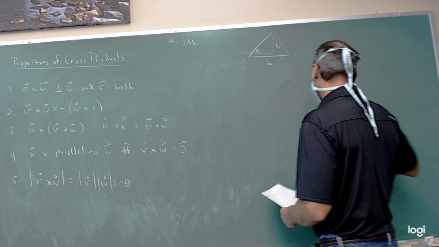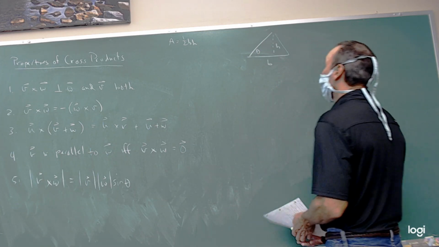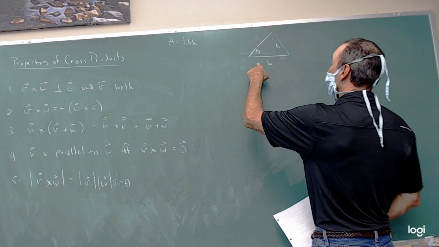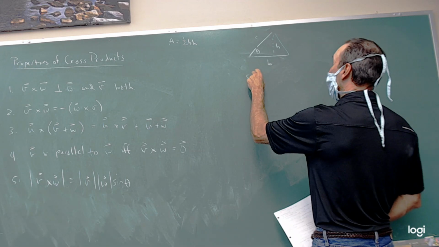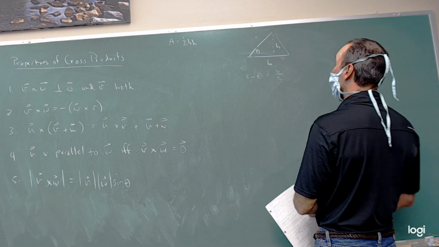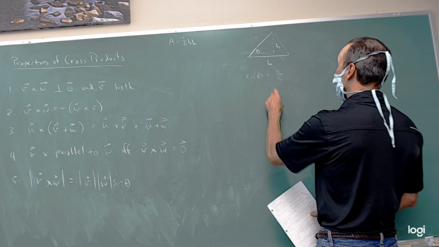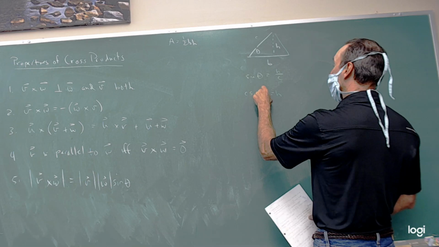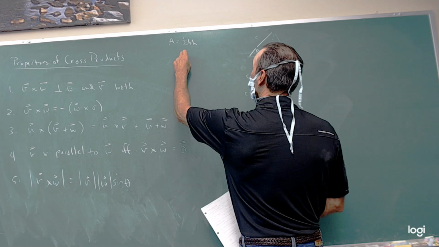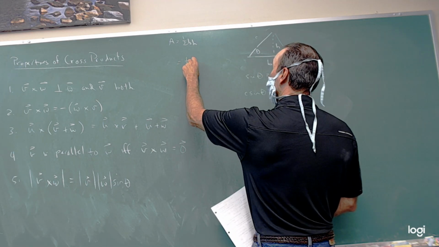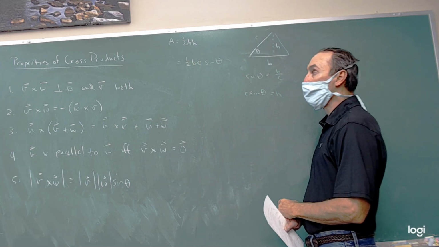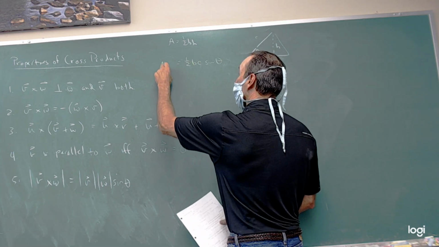So we know from SOHCAHTOA that, if I call this just C, then the sine of theta is going to be opposite over hypotenuse. And so the height is going to be C sine theta. And so what we have then is this becomes 1/2 base times C times sine theta. So that's the area of the triangle.